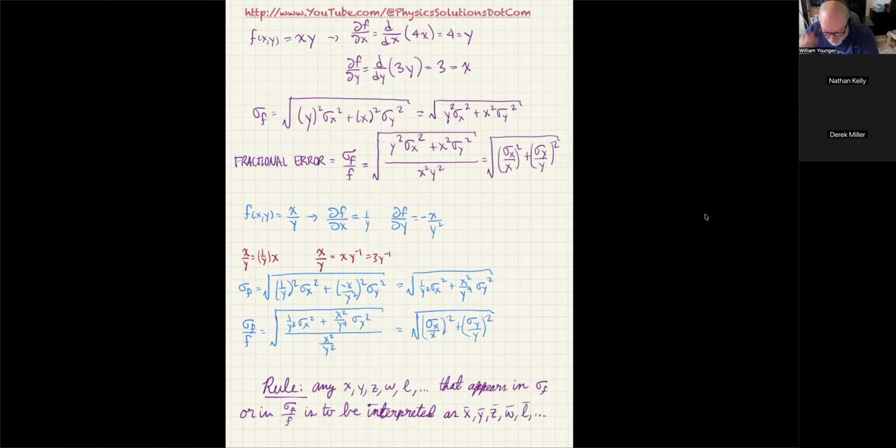In other words, these lone x's or y's or z's that you see in one of the propagation of error formulas, you have to take the best estimate of that. So there's a rule.